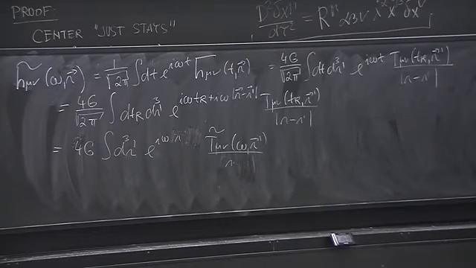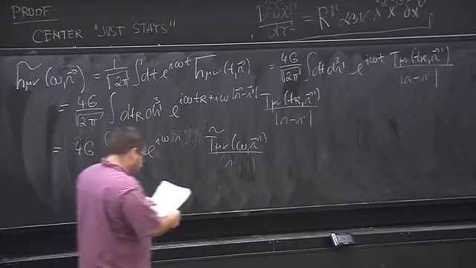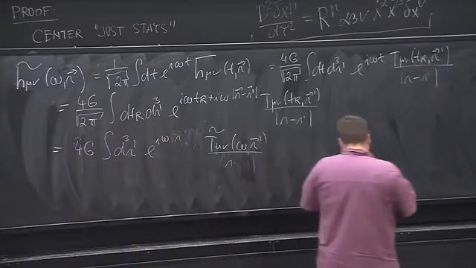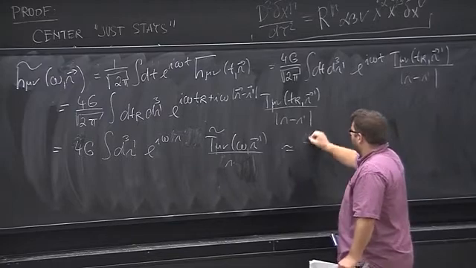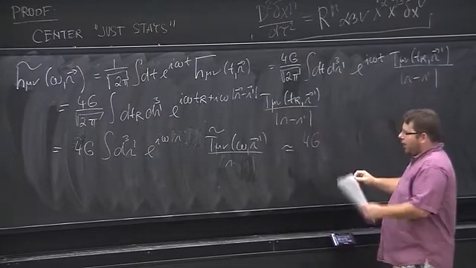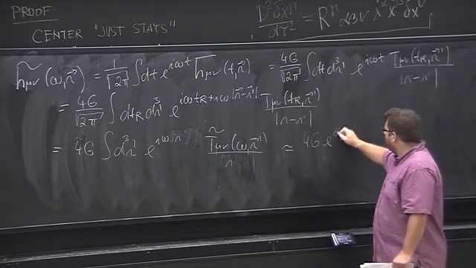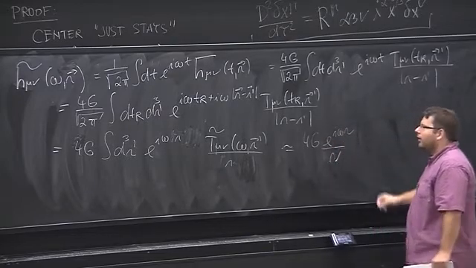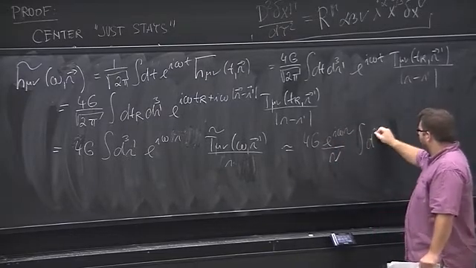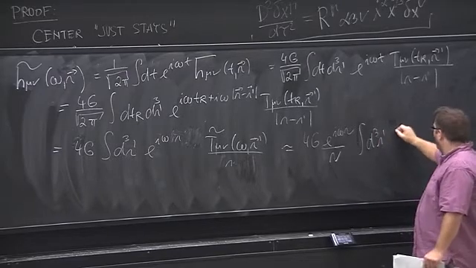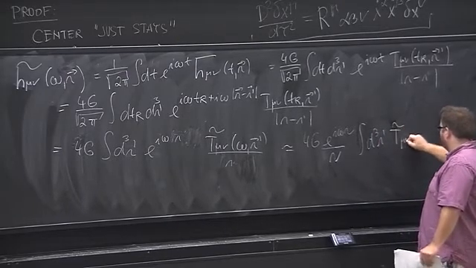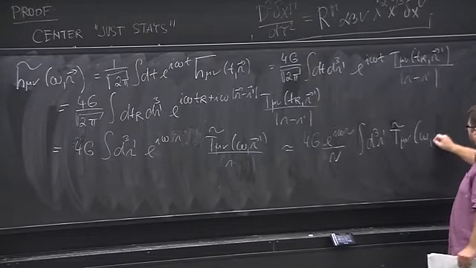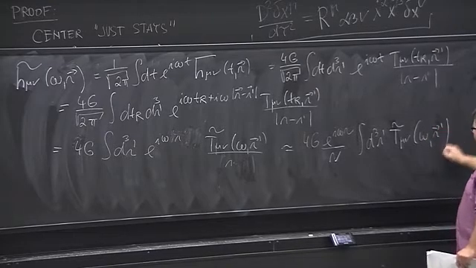And so to the leading order, this is just 4g, and then it's e to the I omega r over r, and then integral d3r prime T tilde mu nu of omega, r prime.